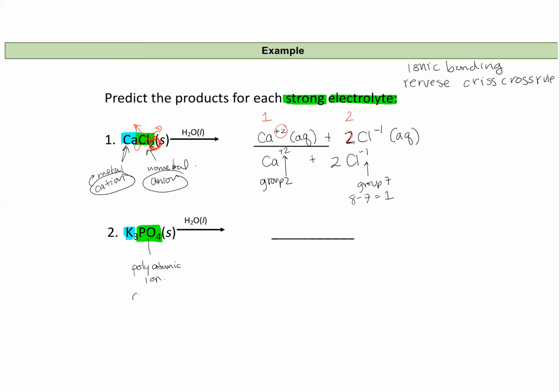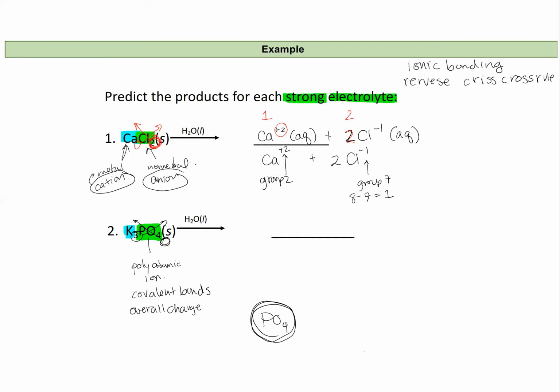It's held together by covalent bonds, but it will have an overall charge. And you'll have the polyatomic ion chart to guide you with the charges, but you can also figure it out from the number of potassium ions you have. That could be the charge on your anion, and the number of phosphate ions you have becomes the charge on your potassium. Now, I think it's important to note that that PO4 is all one anion.